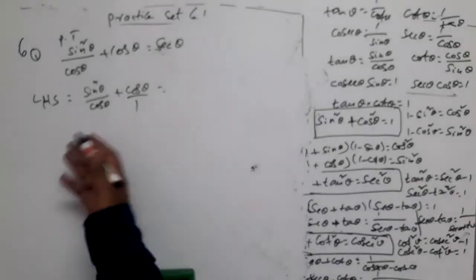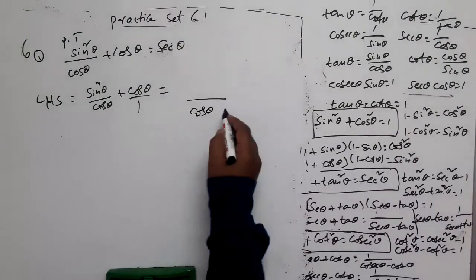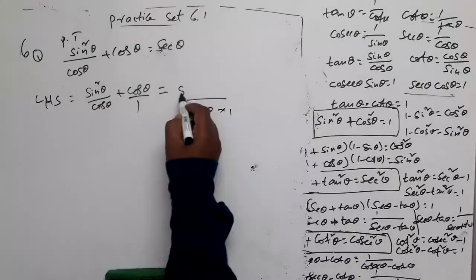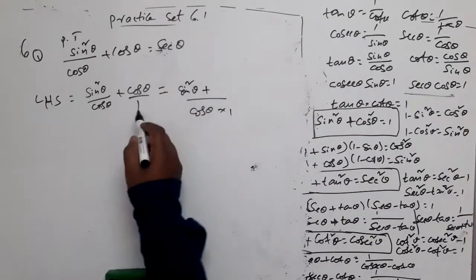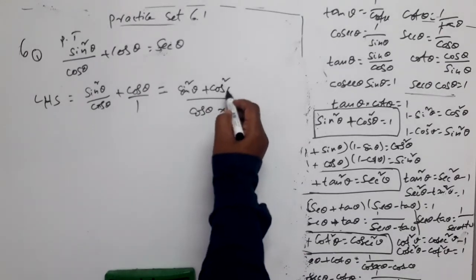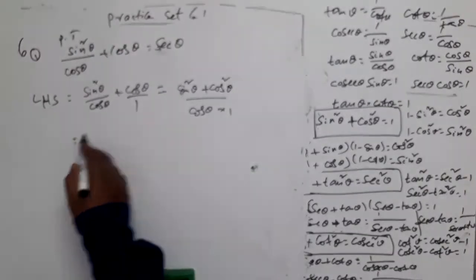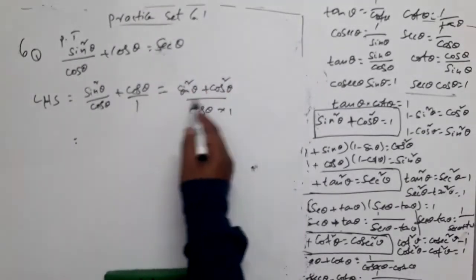Any idea? Let us take the LCM and proceed. You multiply these two. What will be the LCM? Cos theta into 1. This will be sine square theta plus cos theta into cos theta, over cos theta. What is cos theta into cos theta? Cos square theta. On seeing this, have you got any idea?